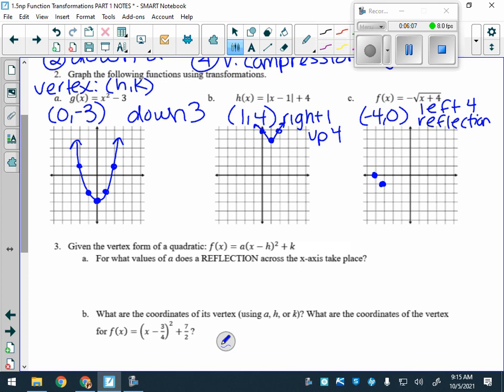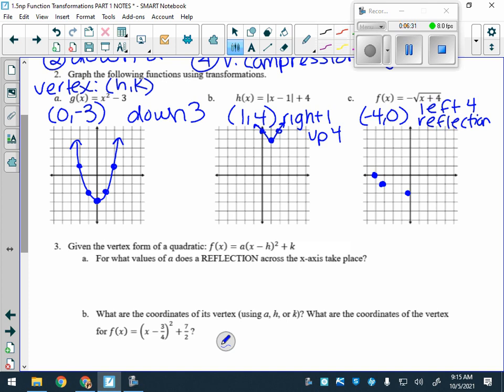Now, some of you might say, all right, let's try negative 2. Negative 2 plus 4, what do we get? 2. Square root of 2 is not nice, right? It's a decimal. So, nope. Same with negative 1. We can plug in 0, though. 0 plus 4 is what? 4. Square root of 4 times negative 1.